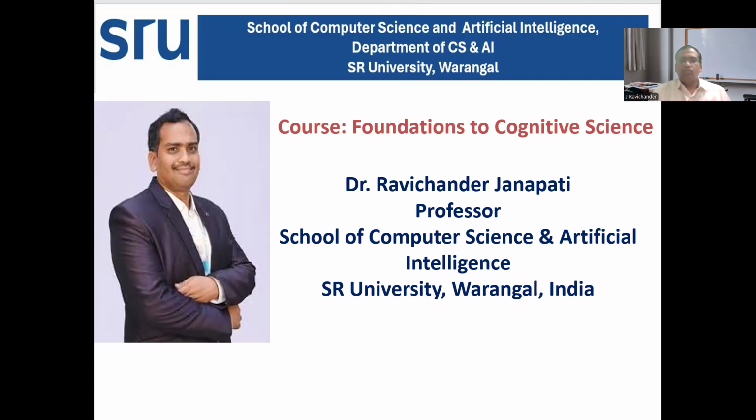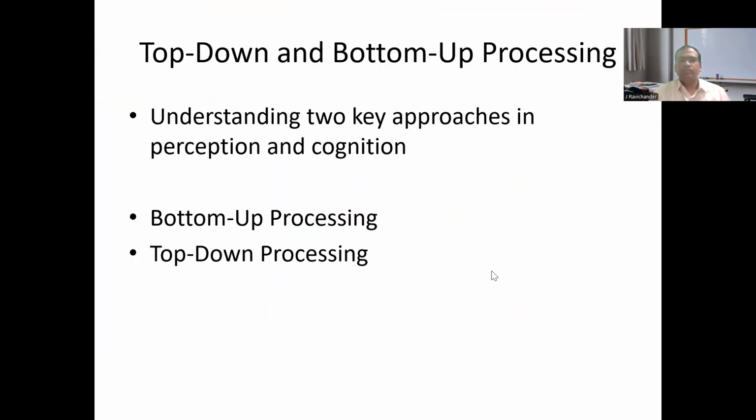Today's course is Foundations to Cognitive Science, and today's topic is top-down and bottom-up processing. In cognitive science, we will discuss these two concepts. In this lecture, we will discuss top-down and bottom-up processing approaches.